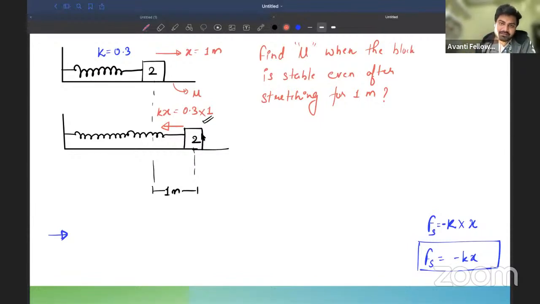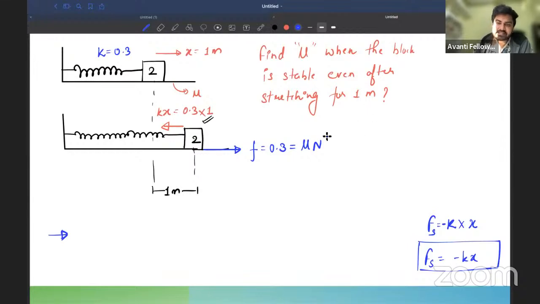फ्रिक्शन क्या? ना यू कैनॉट गो. ऐसे कैसे? मैं भी तो हूं. So friction force will be equal to, can it be equal to 0.3? Because kx is pulling. kx से पुल हो रहा है, तो क्या फ्रिक्शन 0.3 हो सकता है? Let us check. Okay, फ्रिक्शन को होना ही पड़ेगा, right? So friction has to be 0.3 and friction is equal to mu into normal.